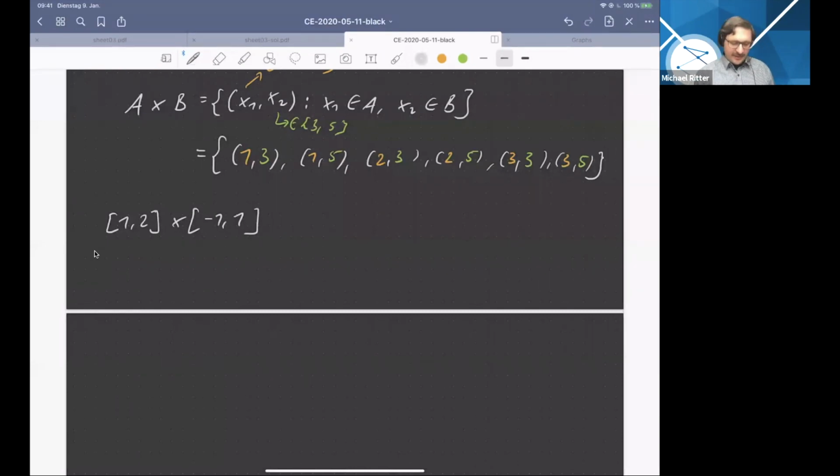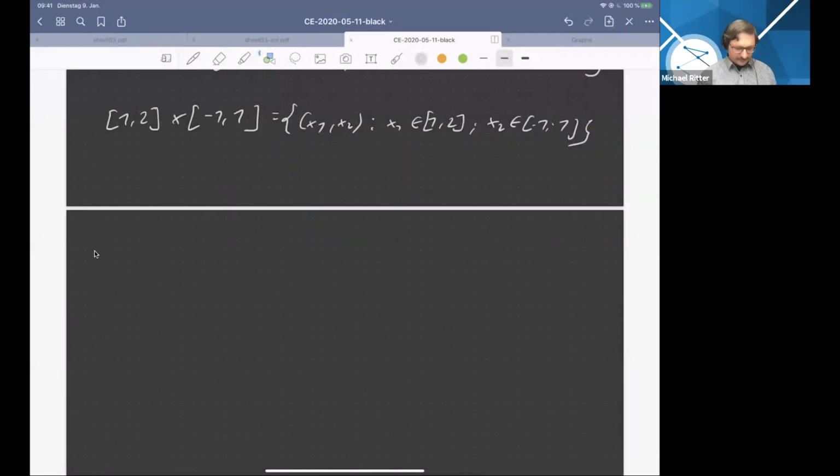So that would mean all combinations x1, x2, where x1 is in this interval 1, 2, and x2 is in the interval -1, 1. So if I were to sketch that, let's draw a plane here. Here's x1, here's x2.